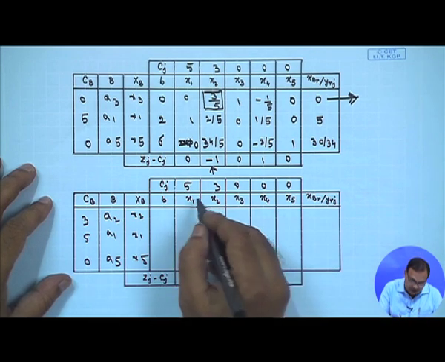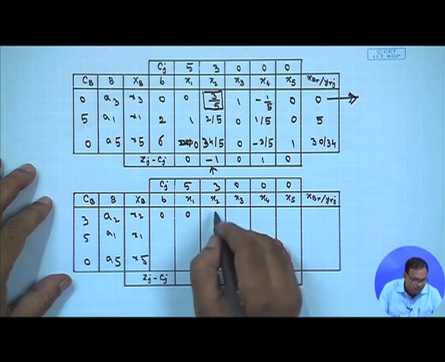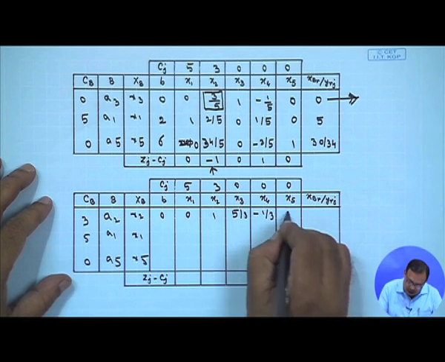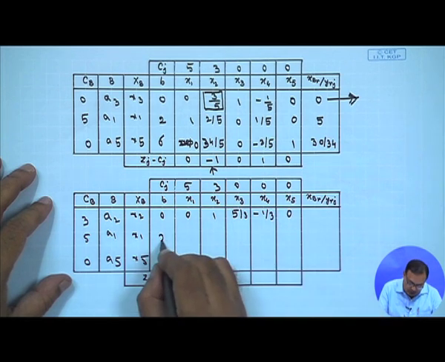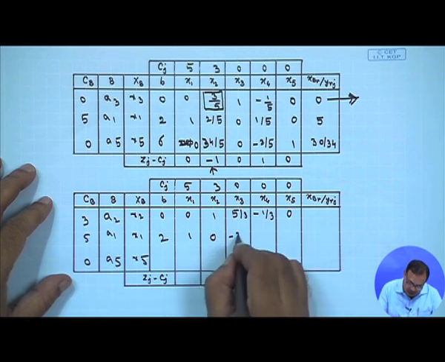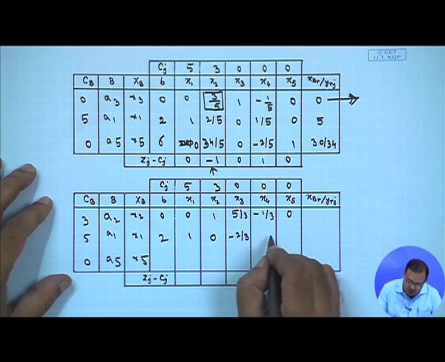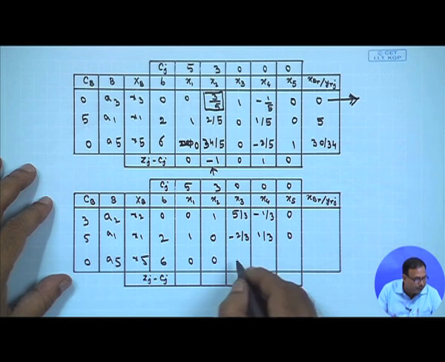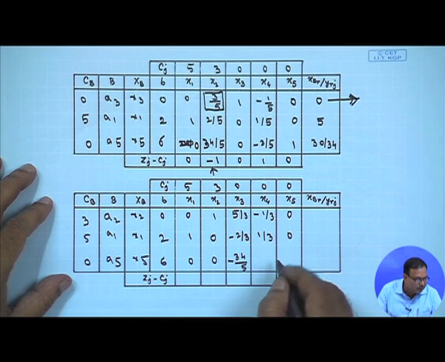I am writing directly 0, 0, 1, 5 by 3, minus 1 by 3 and 0. This will be 2, 1, 0, 2, 1, 0, minus 2 by 3, 1 by 3, 0, 6, 0, 0, minus 34 by 5, 5 by 3 and this is.